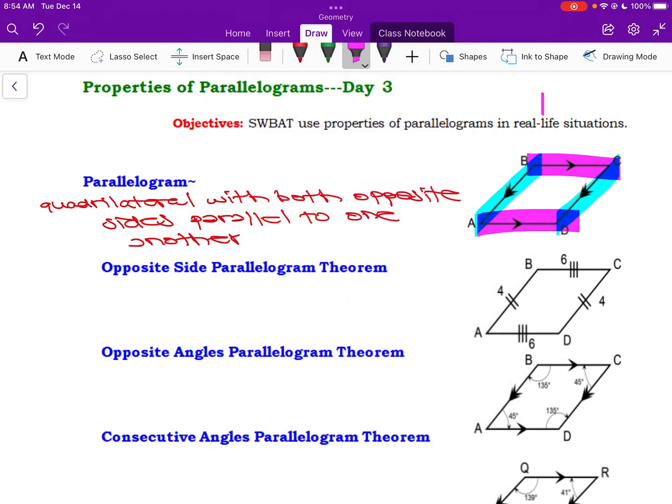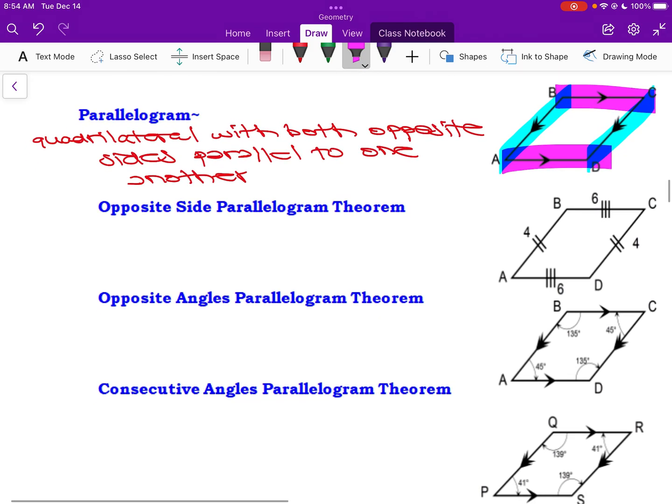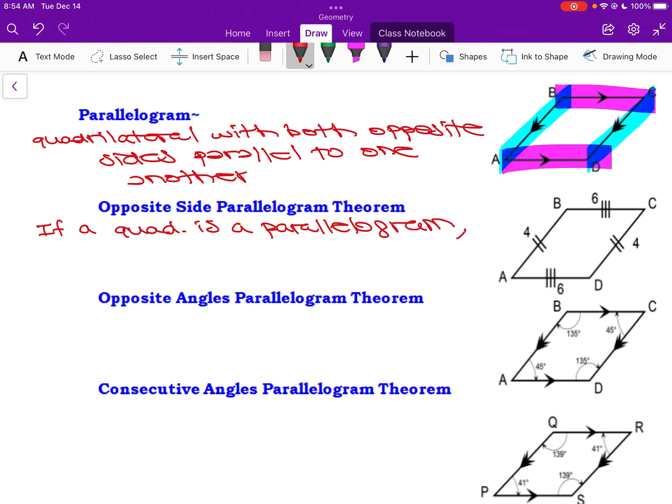Now this leads us into a few different theorems, first of which is our opposite side parallelogram theorem, and this says if a quadrilateral is a parallelogram, then opposite sides are congruent. So if a quadrilateral is a parallelogram, so we have to establish that first, then opposite sides are congruent.